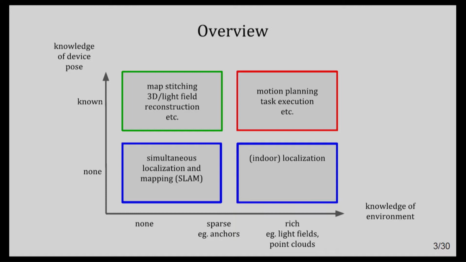If we don't know, just for completeness, if we don't know anything about the environment, but we do know the pose, then I guess we're more in the kind of stitching maps together or doing 3D and light field reconstruction areas.